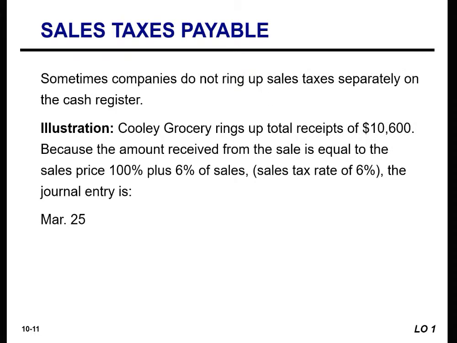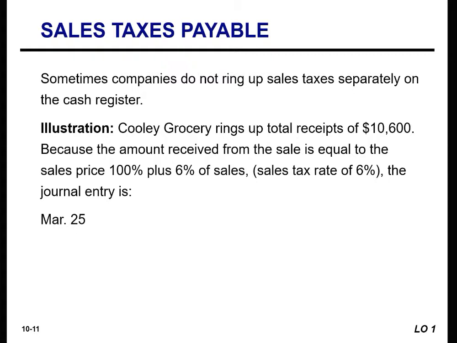Now, sometimes companies do not ring up sales tax separately on the cash register. When this happens, we divide the total receipts by 100% plus the sales tax percentage to determine sales. So we have the same situation here.